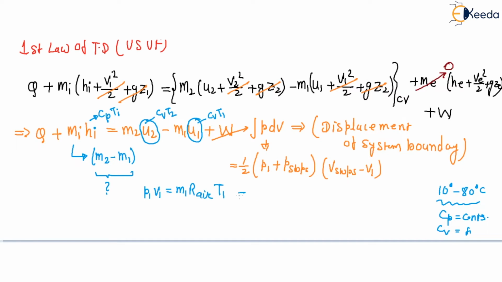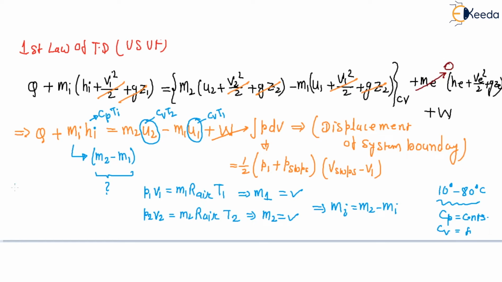So from here you calculate M1. Again P2 V2 equals M2 R_air T2, so from here you calculate M2. So you have M1 and M2. From this we have to find Mi.